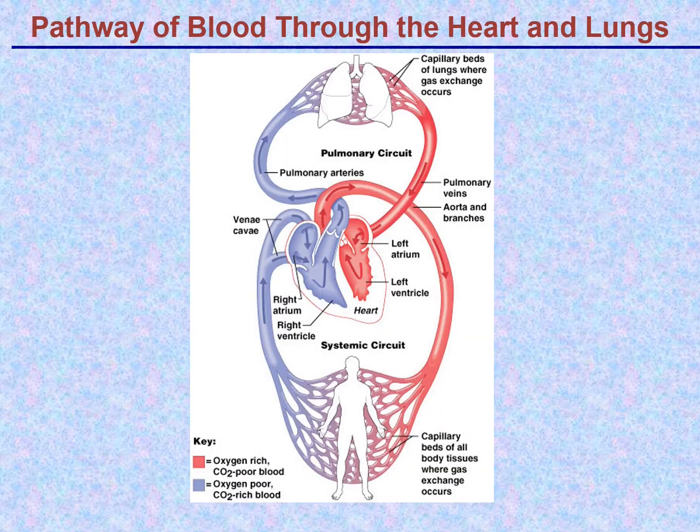Overall, the pathway of blood through the heart is as follows. Blood that's being ejected out of the heart to the rest of the body, carrying oxygen, goes up the aorta, so you have the aortic arch, and off of the aorta are many, many branches that lead to all the different tissues all over the body, supplying oxygen to all of the tissues.